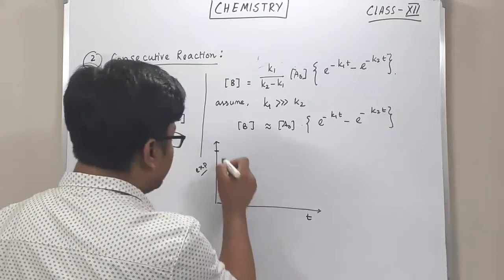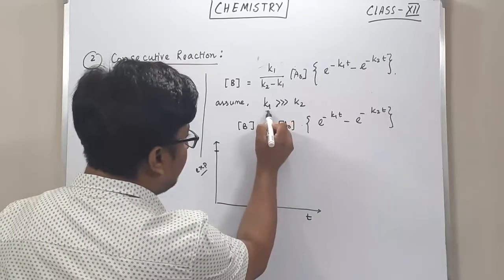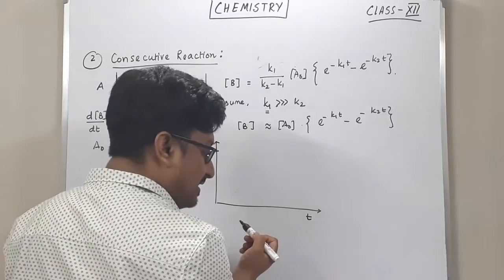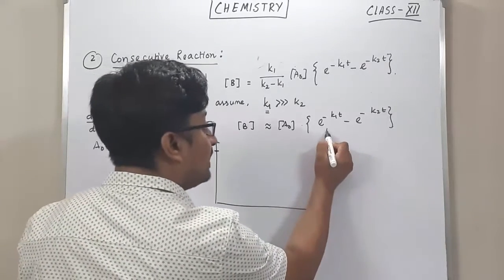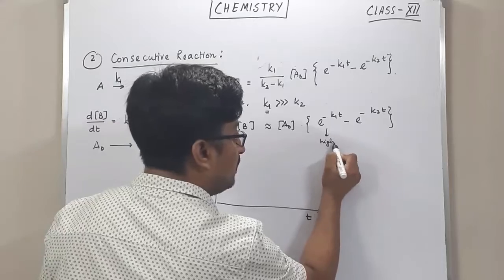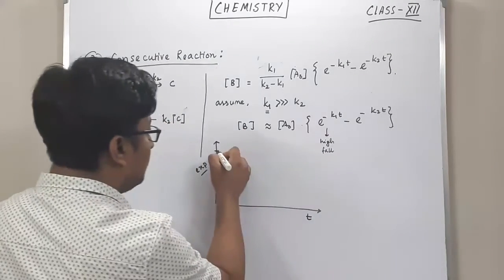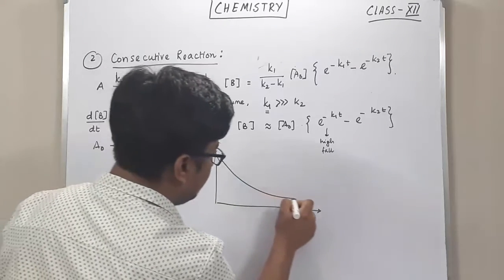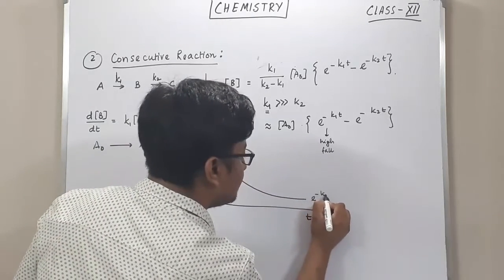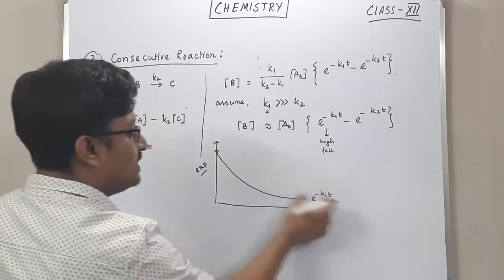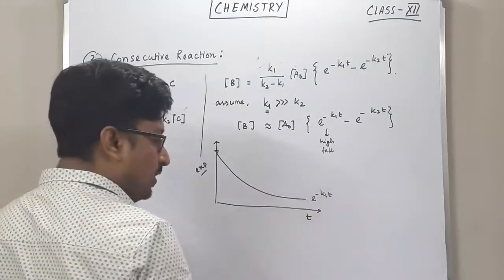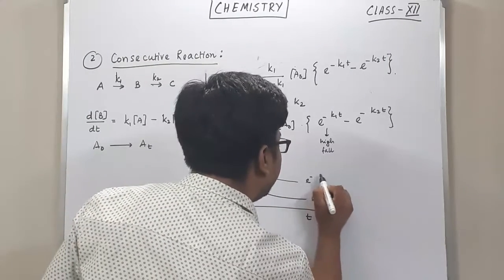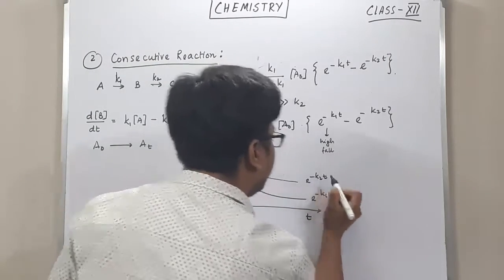Here your K1 is larger, so e to the power minus K1t will have a high fall. It will decay faster, because K1 is larger, so the fall will also be larger. And K2 is this one, because the fall will be a little less compared to K1.